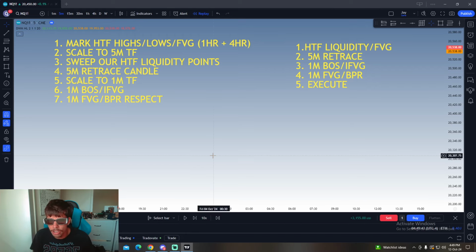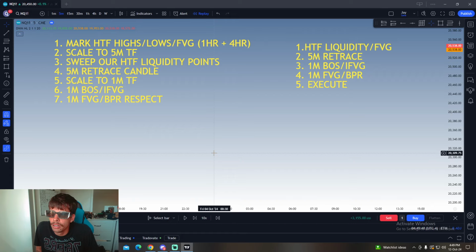And to be fair, the only times that's messed me up is when we've taken a high or low upon market open that I just didn't have marked out. So my bias was wrong. But yeah, this is my refined strategy.